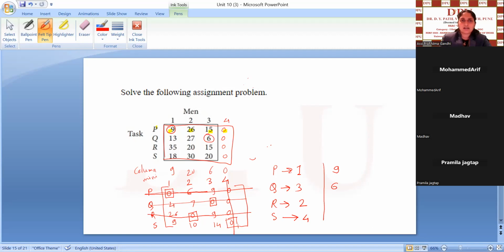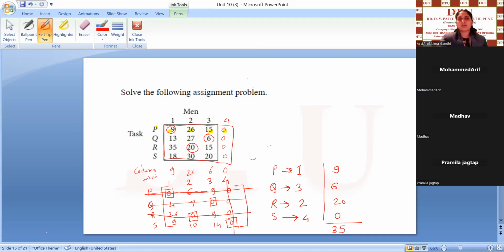So task R is getting completed by the worker 2 for 20 rupees, and you're assigning task S to the 4th worker. Okay. So that is 0. He can do it with the 0 cost. So the total cost is 35.